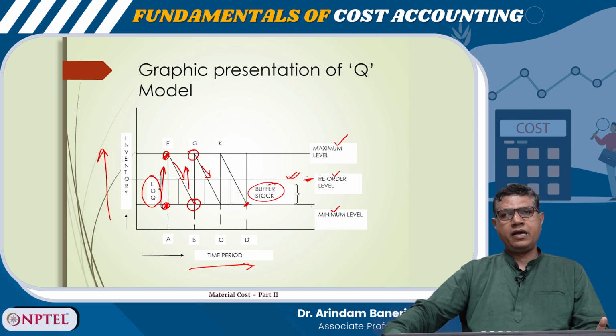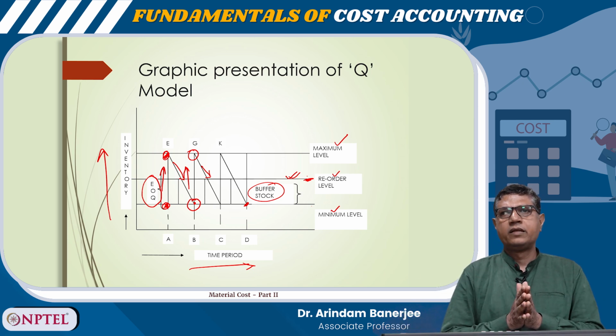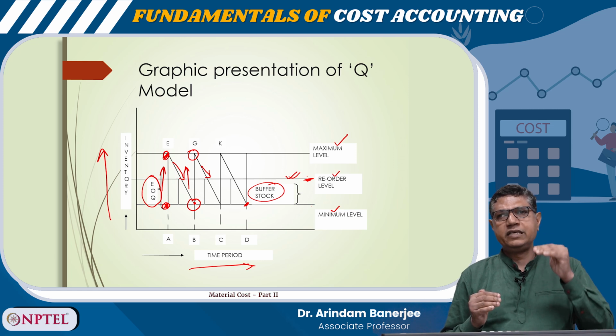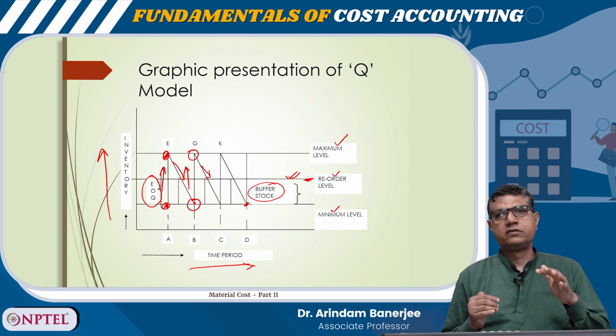So, in Q model I am giving a recap. What happens is that once the stock reaches the reorder level, the order is placed and there is a lead time between the date of ordering and the date of receiving the actual stock, right.